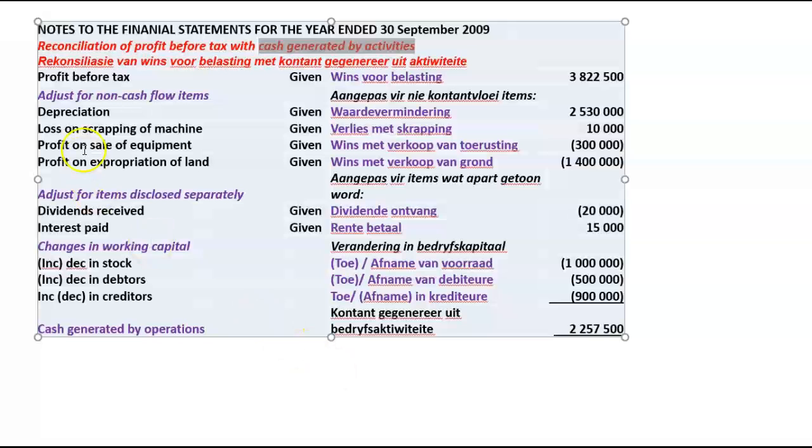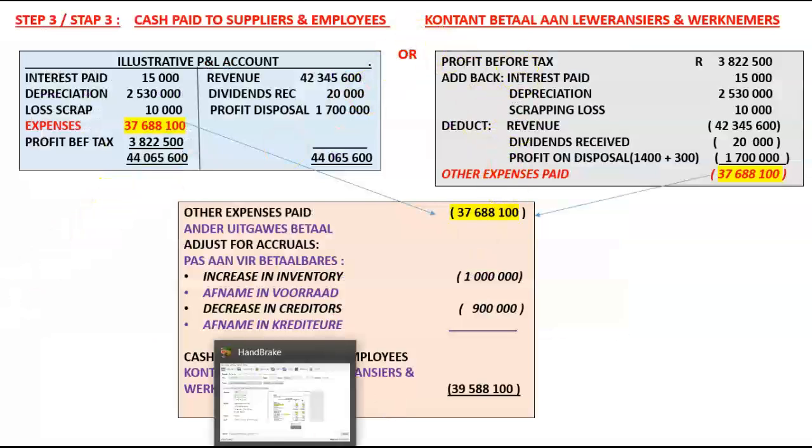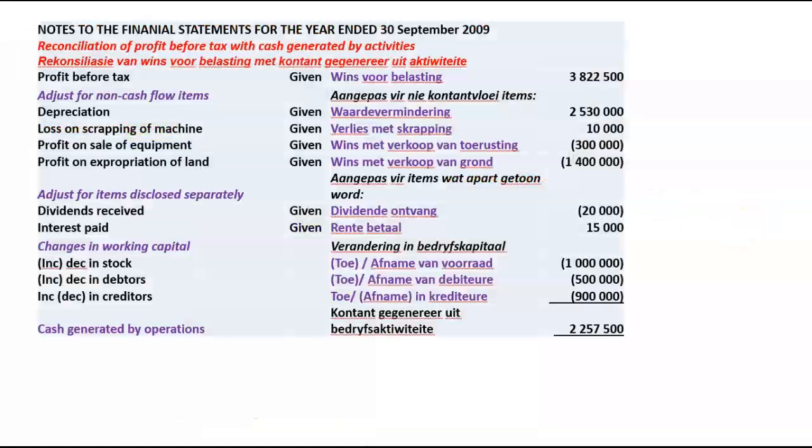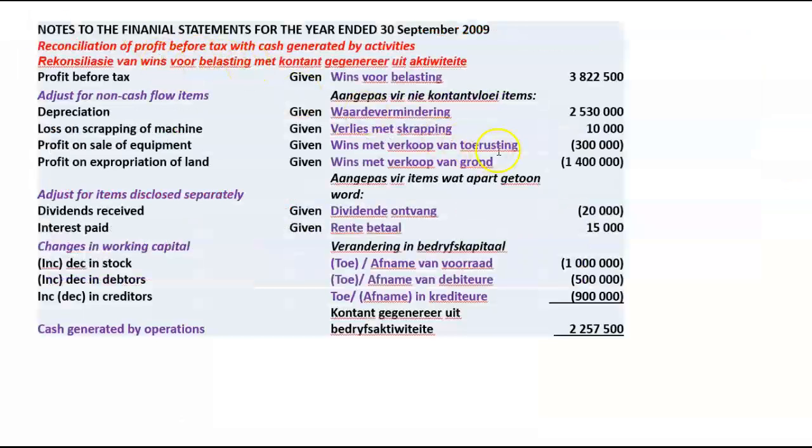Now, guys, this reconciliation note is virtually, except for two differences, the same as what we've done here. So the first thing that we're going to adjust it for is non-cash flow items. Which non-cash flow items did we have? We already identified that: depreciation, scrapping loss, and profits on the disposal, which are those two profits, 10,000 profit on the sale of equipment, and profit on the expropriation of land.